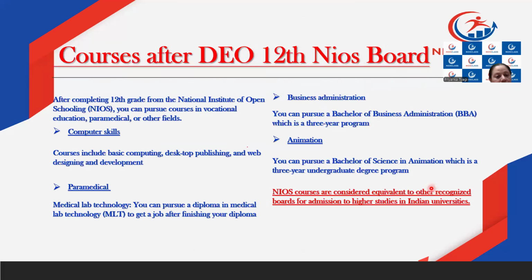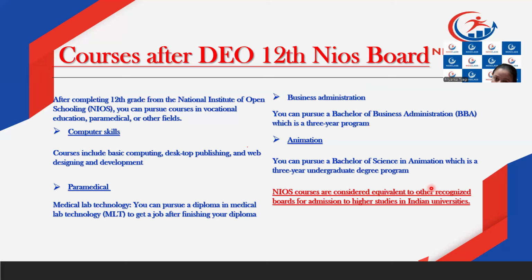Now, courses after 12th from the NIOS board. If you complete the 12th grade from NIOS and pursue any vocational education course, paramedical or other, you can enhance your computer skills with courses on computing, office tools, desktop publishing, and web designing and development. You can join the paramedical department after doing the computer courses from NIOS, in which you can opt for any type of medical.